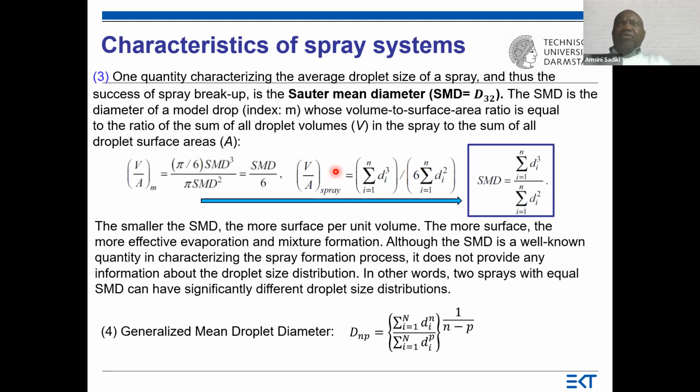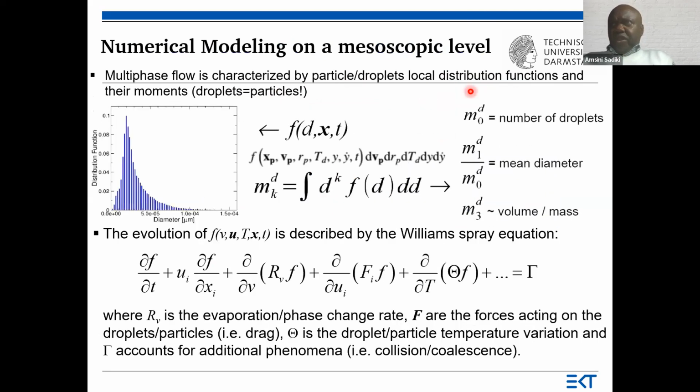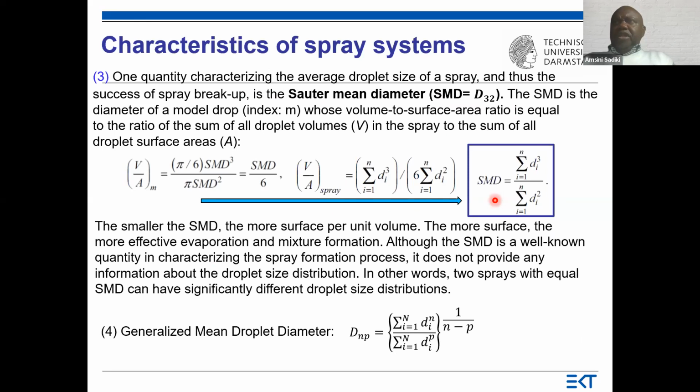Based on this, we have one quantity characterizing the average droplet size, the so-called Sauter mean diameter. I have spoken here about the surface, and here we have the volume. The Sauter mean diameter is the ratio of the volume and the surface.